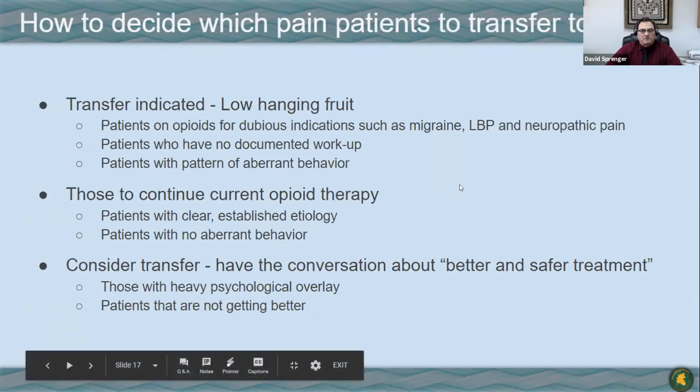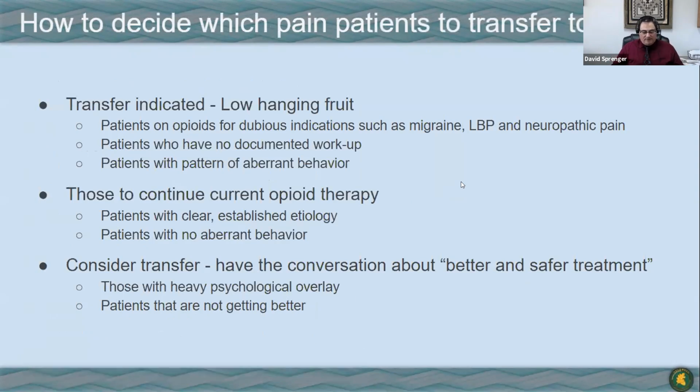So if you have a pain panel of patients that you're treating for chronic pain, and you're interested in transferring folks to MAT in an appropriate way, again, it requires a lot of judgment.